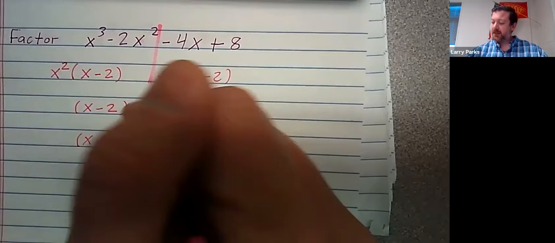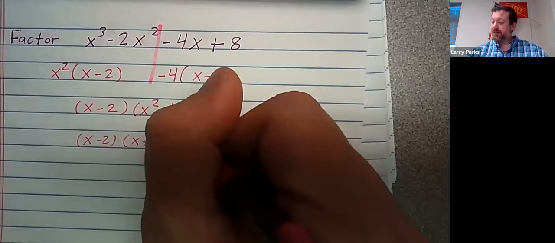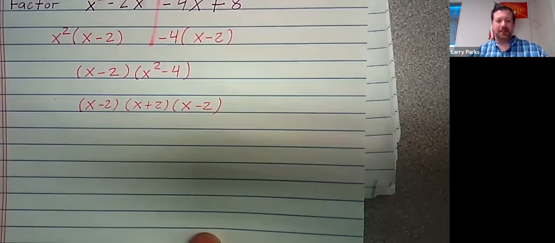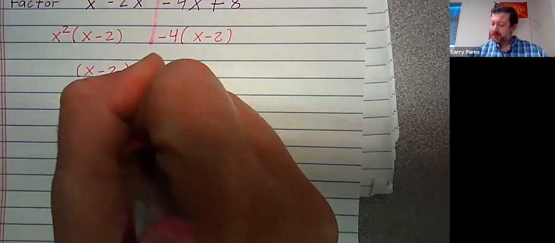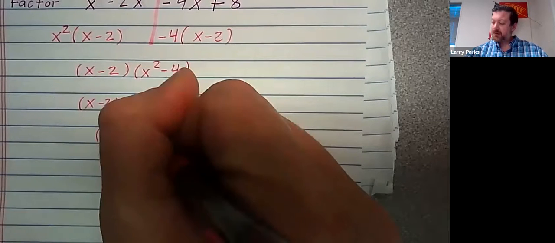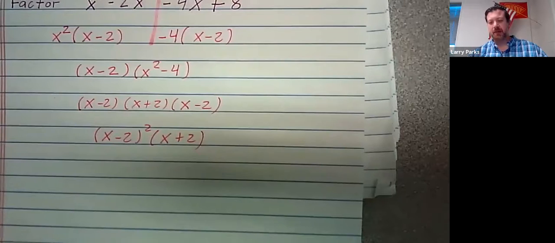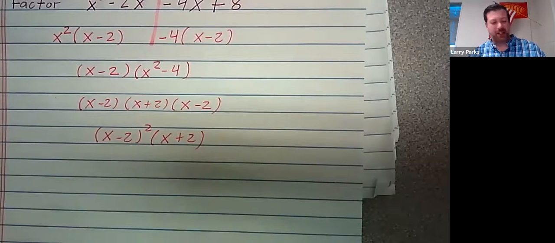So we got x plus 2, x minus 2. So if I'm going to rewrite that, I would say x minus 2 happens twice times x plus 2. So the first one in Desmos on that practice, I did the work for you because you guys didn't know how to do that yet.